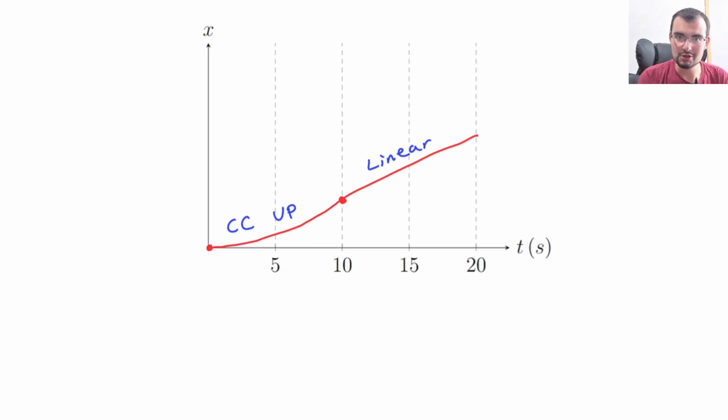I'm writing it so you know that my drawing is terrible. It's hard to show this subtlety that it curves up to start, and then it becomes linear. So anything like this kind of works, where it's constant on this interval and it curves up.